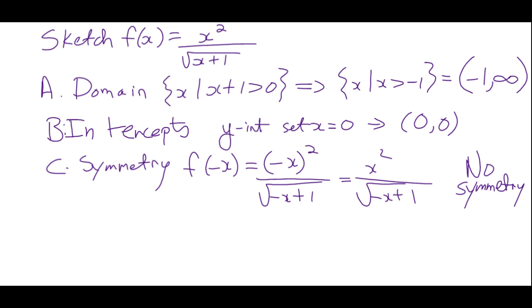Okay, so to determine symmetry, you do f of negative x. If f of negative x is equal to f of x, it's even symmetry, it's a reflection about y. If f of negative x is equal to the negative of f of x, then it's odd symmetry, and otherwise there's no symmetry. This is not symmetric, right? I mean, that's the same as the original, and this is different, and yeah. So, no symmetry.